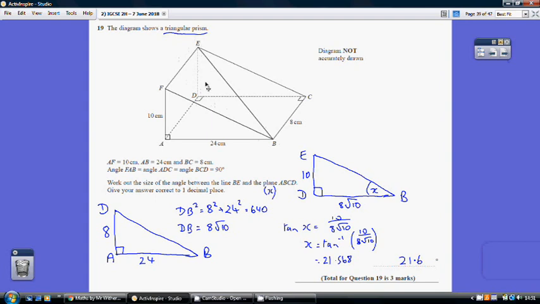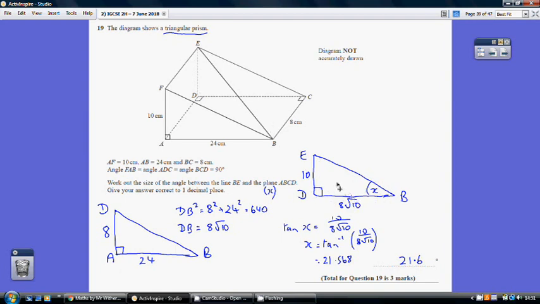So the triangle EDB, and what they're asking for us is the angle between EB and the plane. Now the line directly below EB, as you cut down through the shape, takes you down to the base of BD. So this is the triangle we're working with.